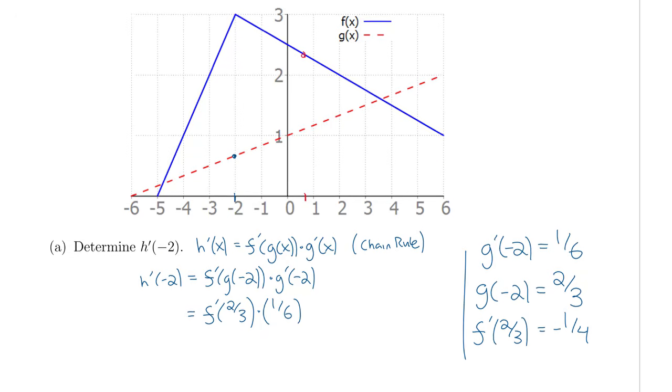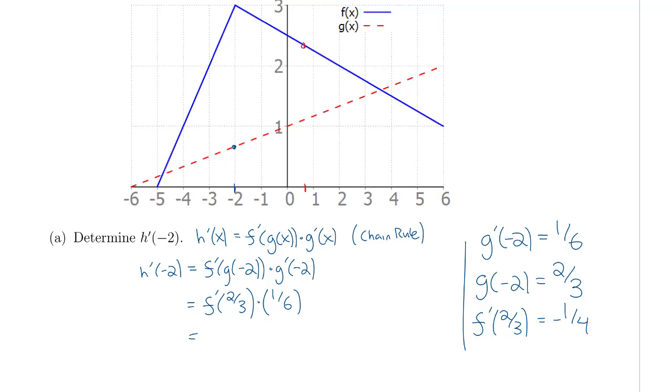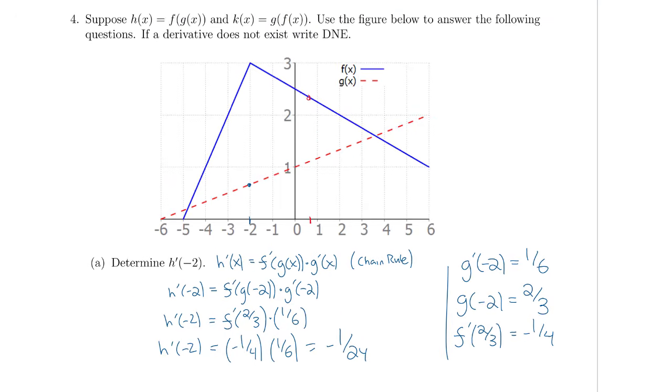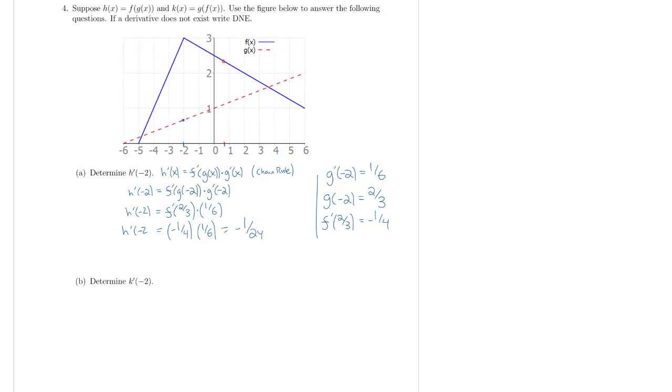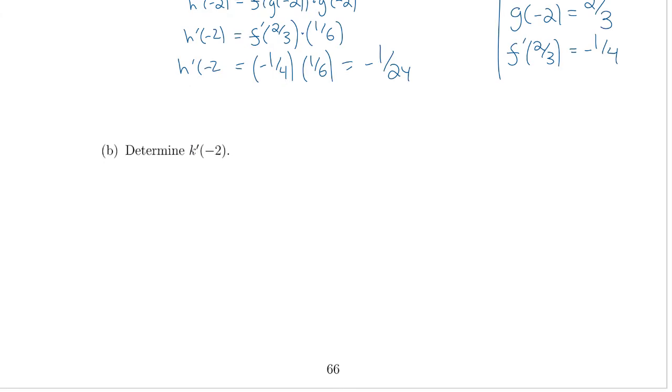Making that substitution gives us negative 1/4 times 1/6, which gives us negative 1/24. Hopefully you can see that this problem is almost identical to the similar problem in section 4.3. The only real difference is in the way that h and k are defined. So go ahead and try to calculate the next problem on your own following our example above, and I'll provide that solution.